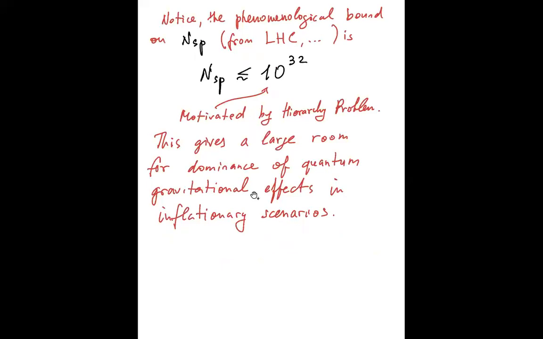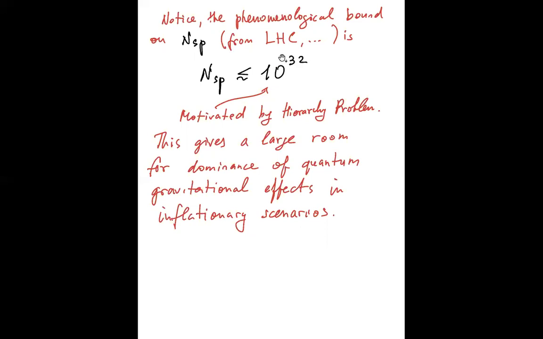Now, you can ask me, what is the phenomenological bound on the number of species? And actually, the phenomenological bound on the number of species is pretty mild. Depends how you look at it, but the absolute bound on all possible species that we can have in the theory, in all the sectors, in all the hidden sectors, and not only in the standard model, is of order 10 to the 32.